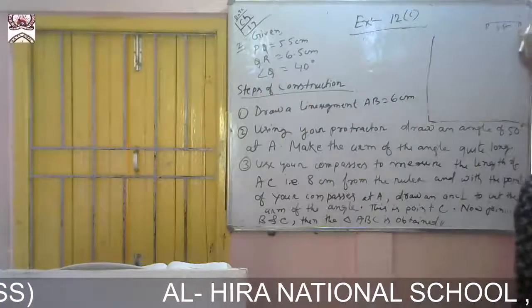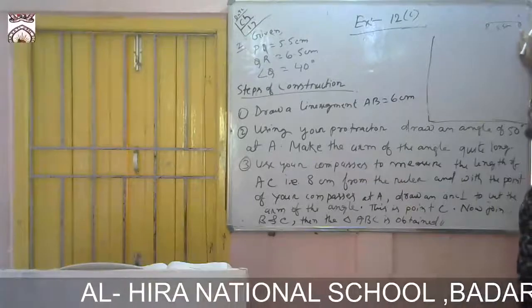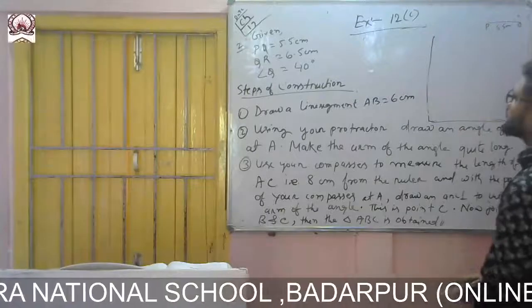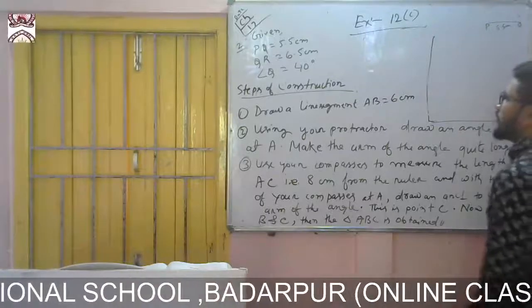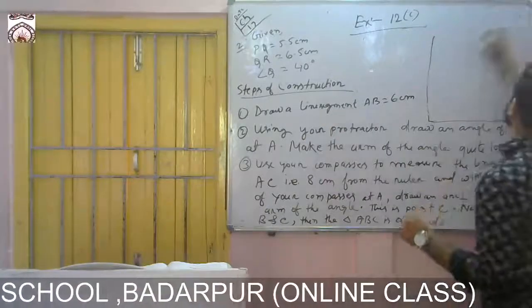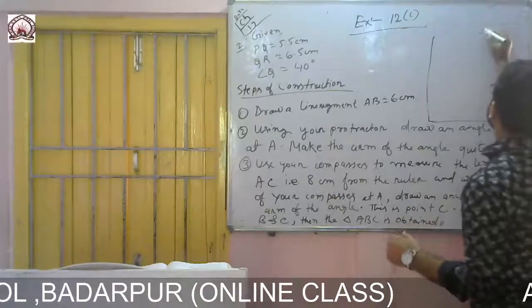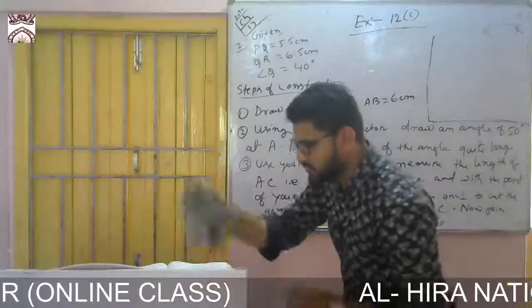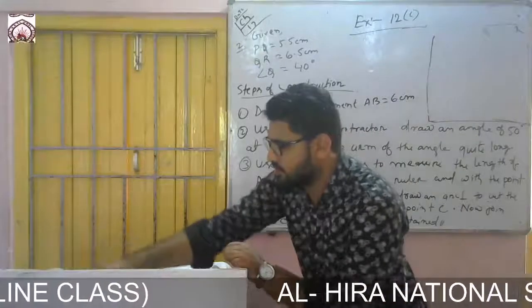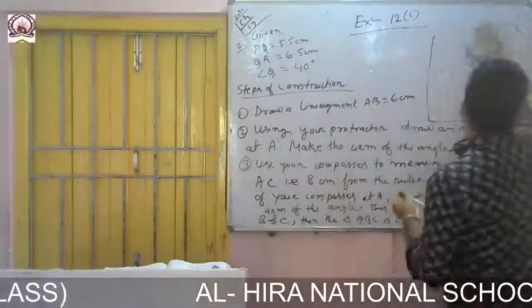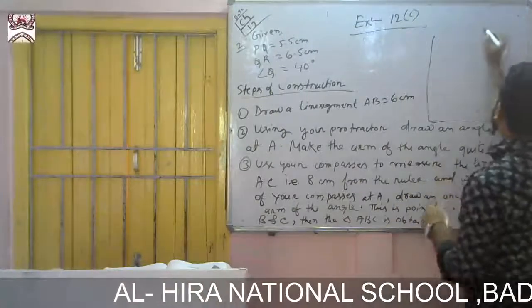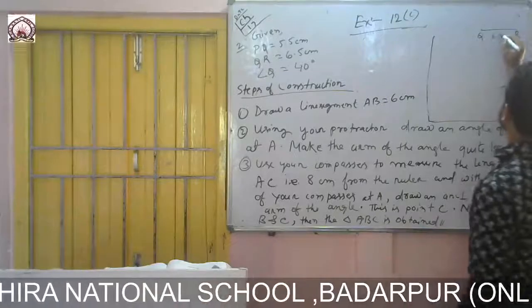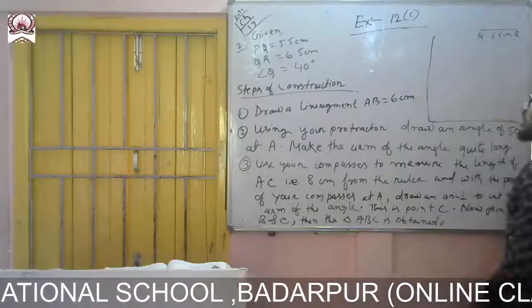Angle Q, that means from Q I need to draw 40 degree. Or you take this one QR, QR equals to 6.5.